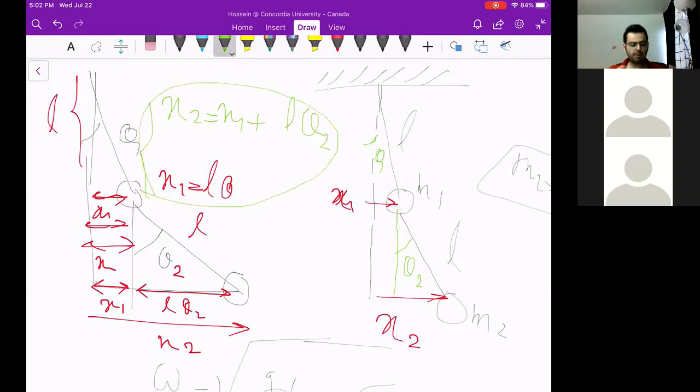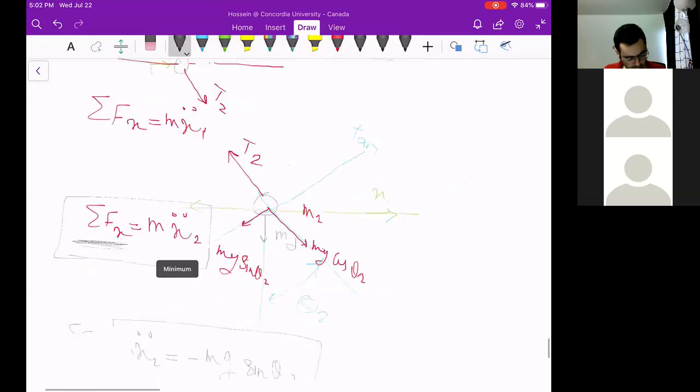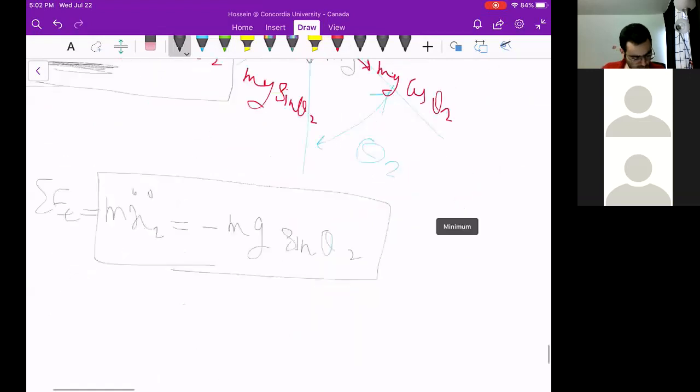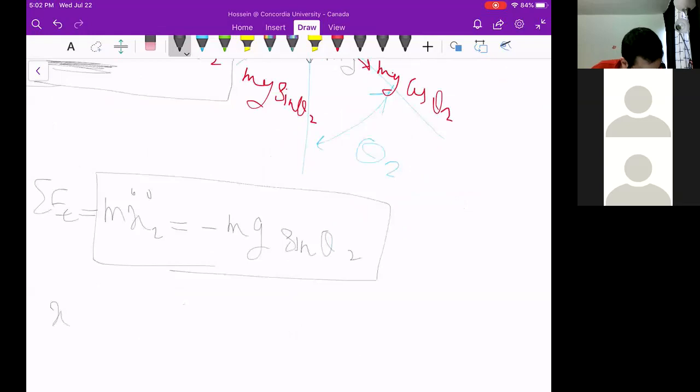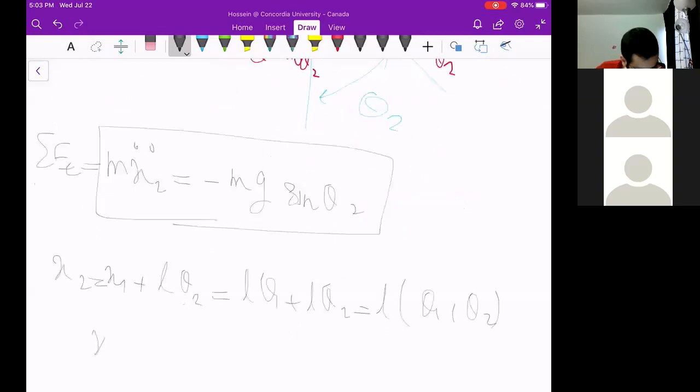You could easily substitute this x1 and x2 in the equation of motion. Here x2 is x1 plus L theta 2. Therefore x2 itself is L theta 1 plus L theta 2. So factor out L, theta 1 plus theta 2, and you could take the derivative from both sides. x double dot 2 is L times theta double dot 1 plus theta double dot 2.